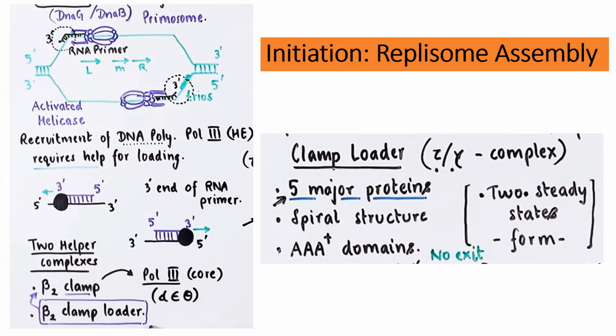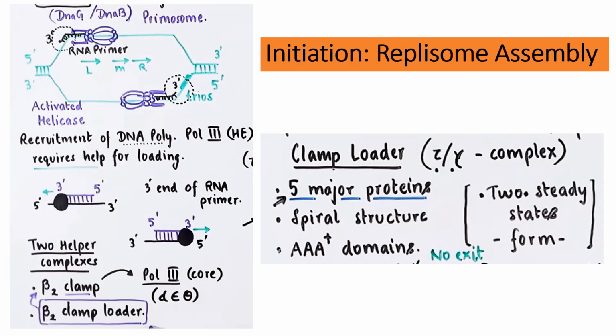We will focus on the DNA polymerase 3 recruitment, which is referred to as the holoenzyme, because the polymerase requires help for the loading onto the strand. The loading needs to occur at the RNA primers that are generated by the primase.